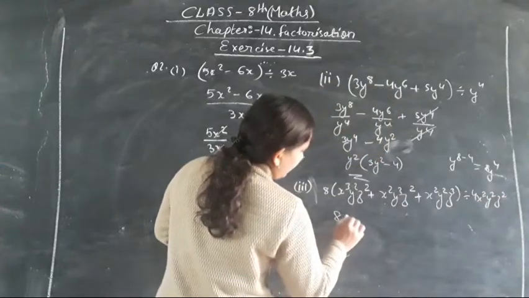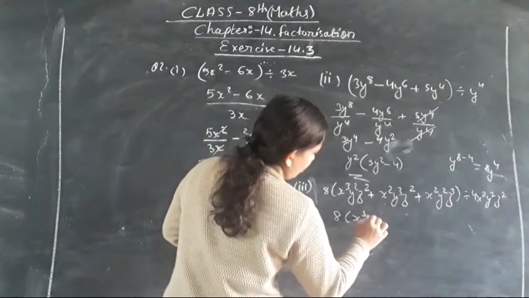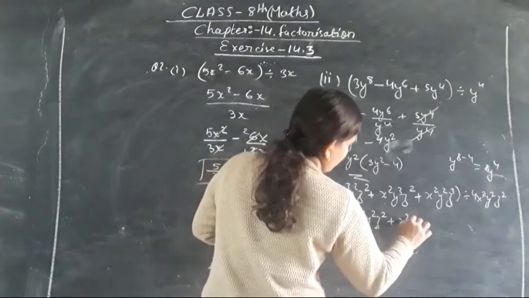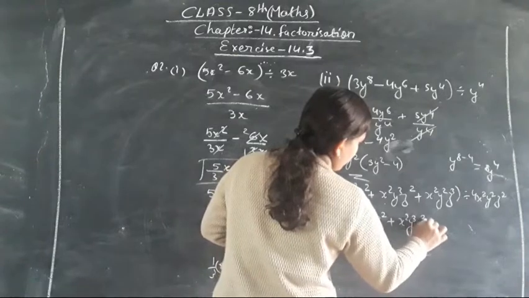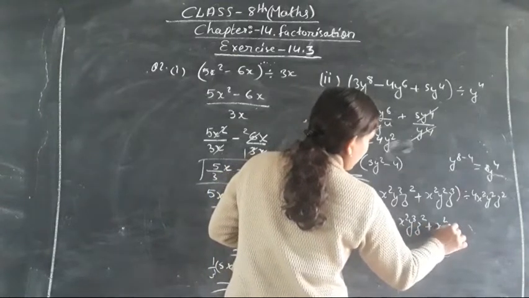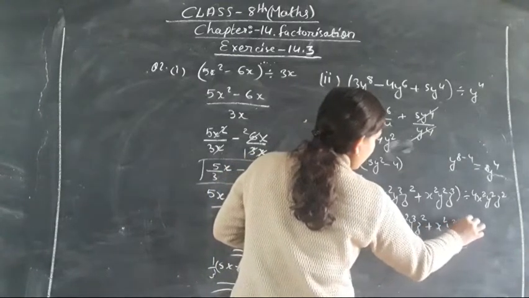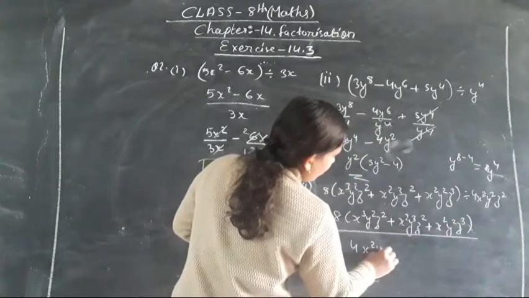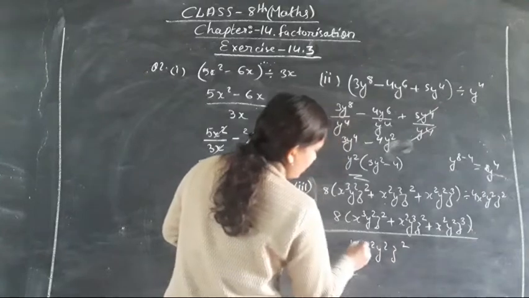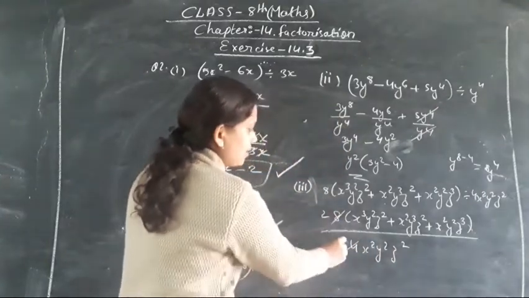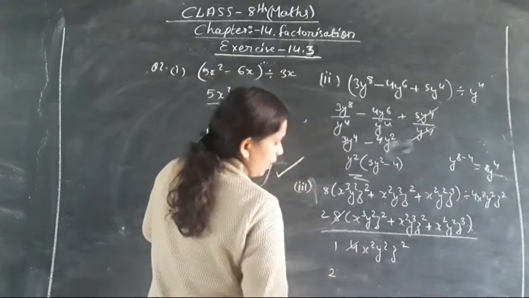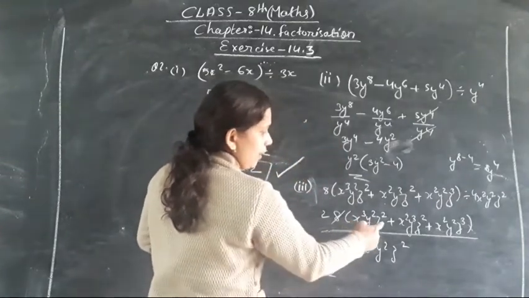Now 8 into x cube y square z square plus x square y cube z square plus x square y square z cube will be divided by 4x square y square z square. So you can see here this 4 and 8 will get cancelled, isn't it? What is left? 2. Now can we take x square as common?